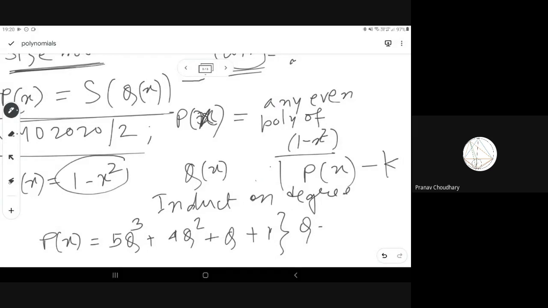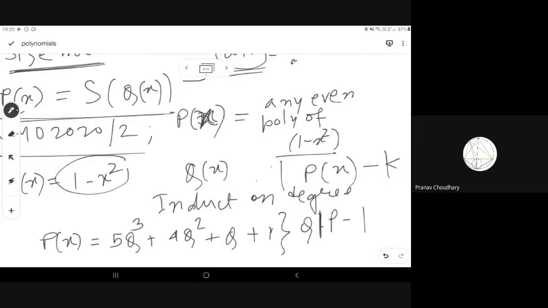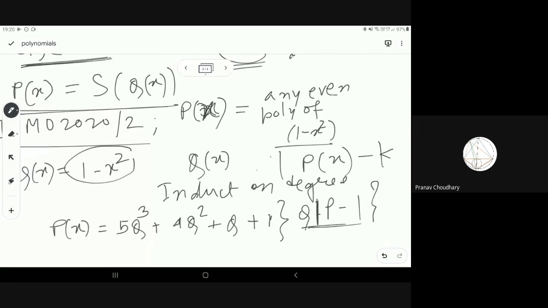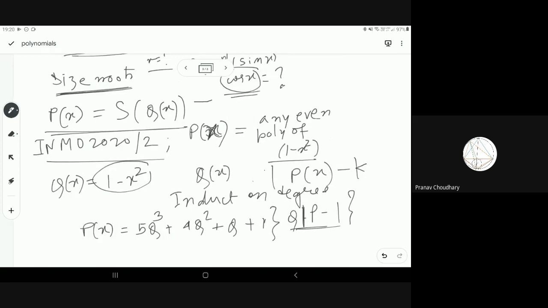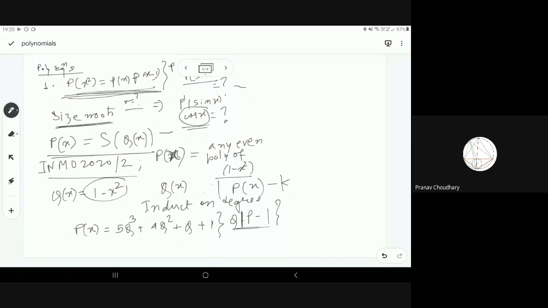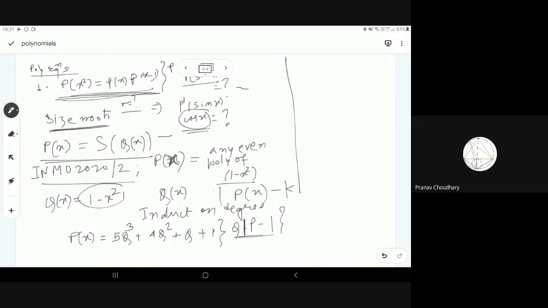So in this case, you have q divides p minus 1, right? And then you can probably show that p minus 1 also satisfies the equation described, and then you can induct down on degree. We'll come to this when we solve the INMO problem. That will be much more clear then.